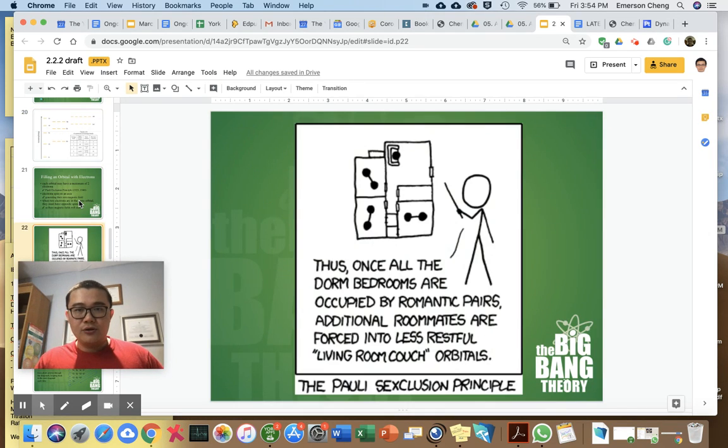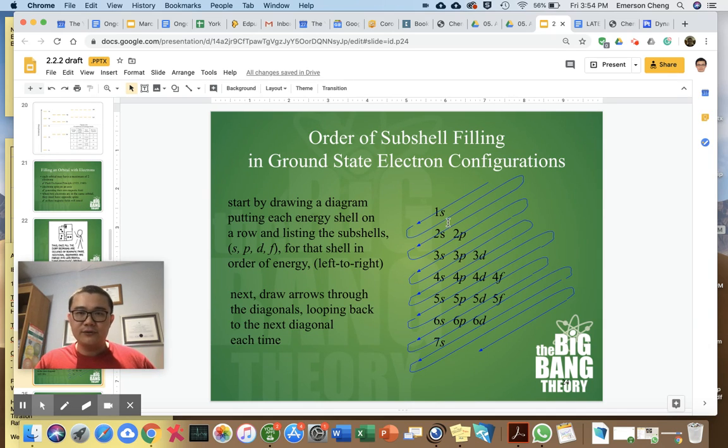Because of that, you have to fill the subshells in this particular order: 1s, 2s, 2p, 3s, 3p, 4s, and then 3d, and so on, going along this way from left to right.